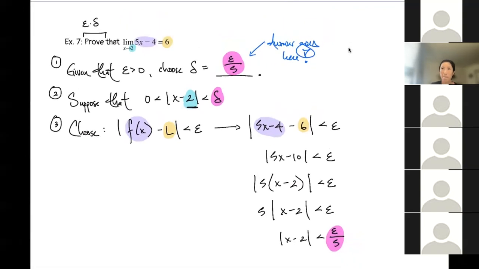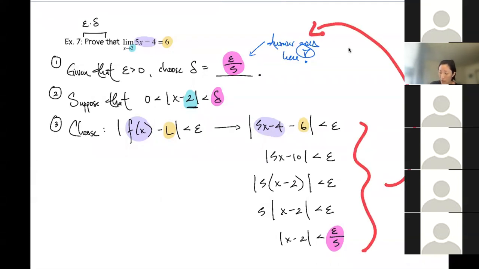Okay. So the way that I'm going to ask us to structure these proofs, I'm going to ask us to write out these 3 sentences and then do the work here and then finally bring our answer back up to the top. Okay.